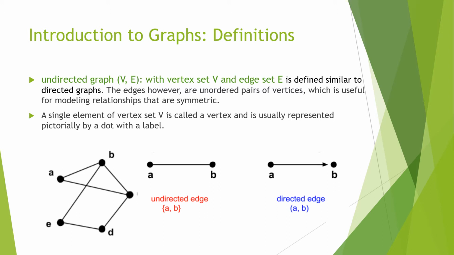However, if you remember, when we wanted to represent a directed edge, we were using an ordered pair of A and B when the arrow goes from A to B, and that's because in a directed edge it matters what the first vertex is and what the second vertex is, because the edge is directed and it is represented by an arrow pointing toward B. So it matters what the first and second endpoints of a directed edge are.